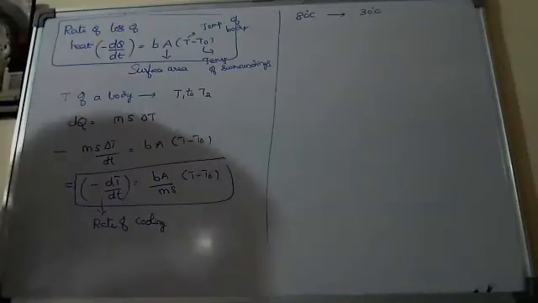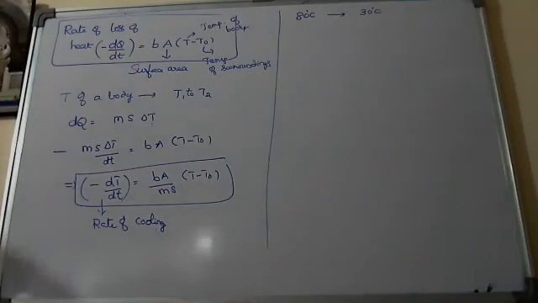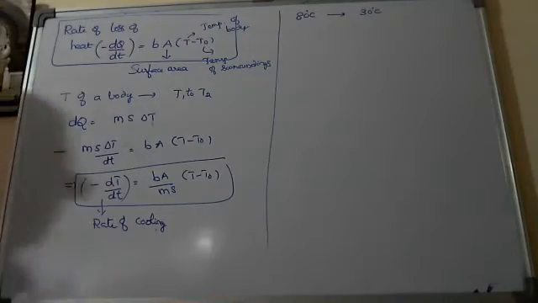Suppose the time taken is 5 minutes when its temperature changes from 80 to 40. Then what will be the time taken to change its temperature from 62 to 32?